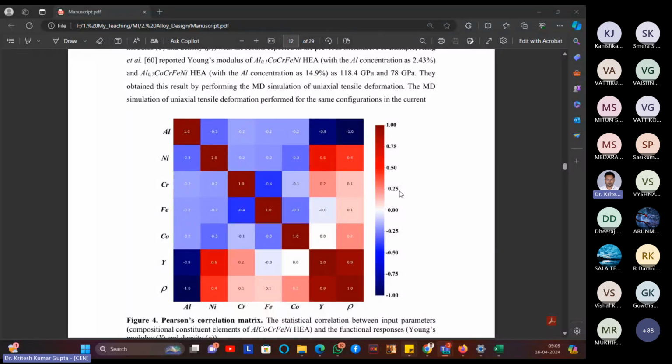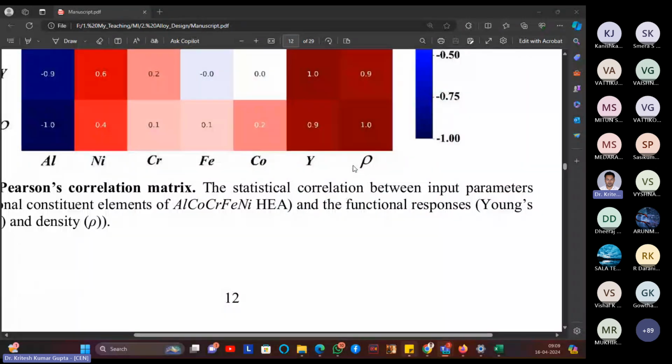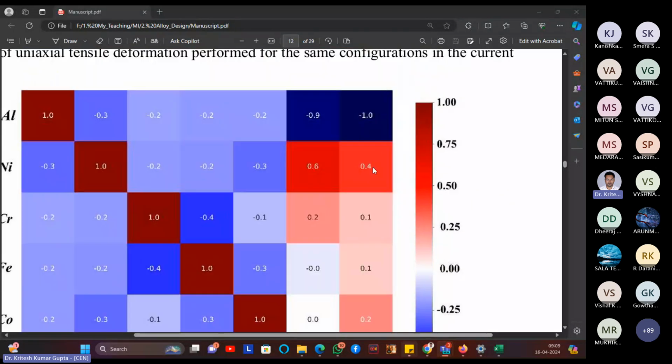As we can see from the color bar, it varies from -1 to 1, where -1 corresponds to blue and 1 corresponds to red. What we can see from here is that if we vary aluminum concentration, we have a negative influence on the Young's modulus, meaning stiffness, and a negative influence on the density as well.